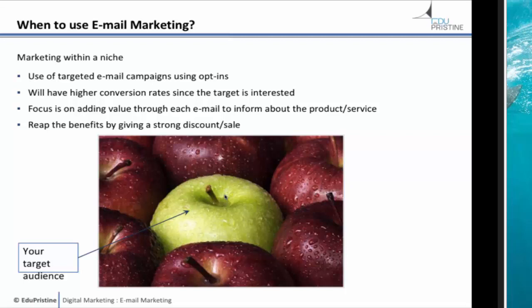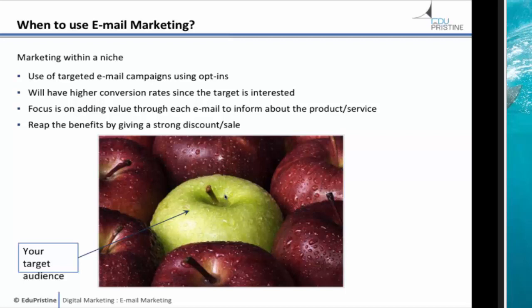And even when you're categorizing your subscribers, you can say that these people are interested in so and so. Whenever you're running certain campaigns, you can run them only for registrations. Let's take an example of travel.